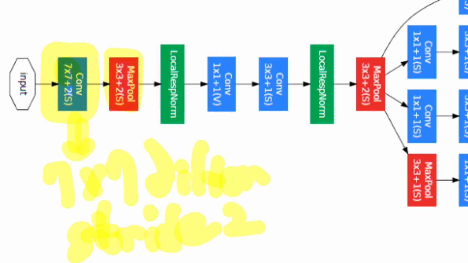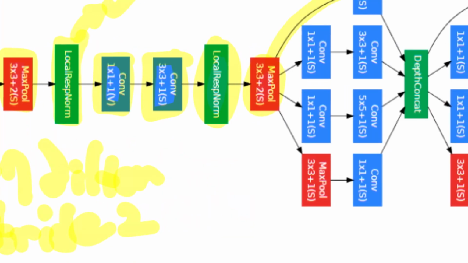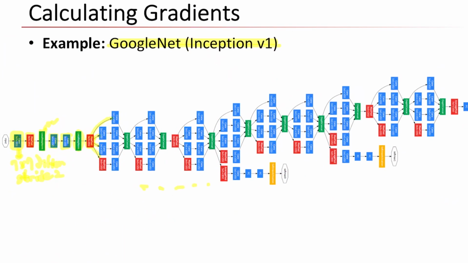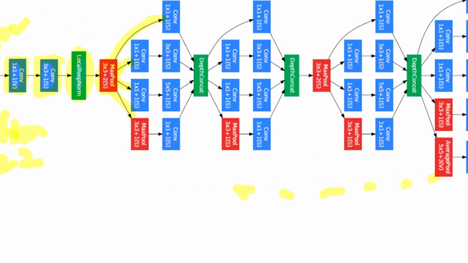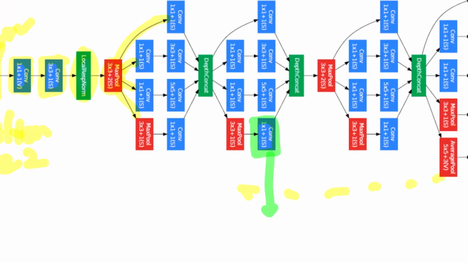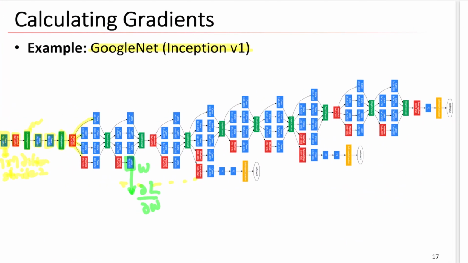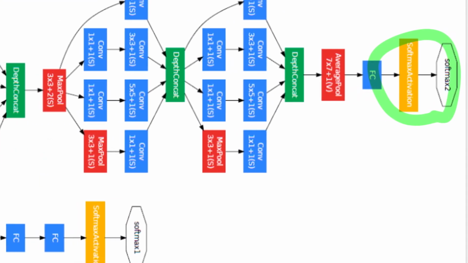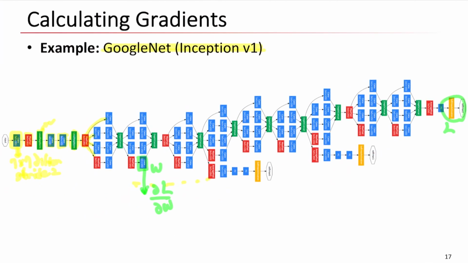And here is the max pooling, and this is a local normalization. We will discuss this later. Then there's one more combination of normalization and max pooling, and there are several streams here, right? It looks really hard to compute. So please think about how you can compute this gradient. Let's say this is W, and how can I update this one in terms of this loss function here? How can you do that?